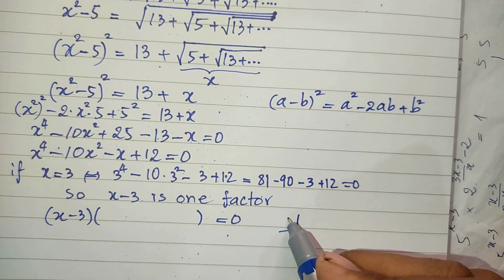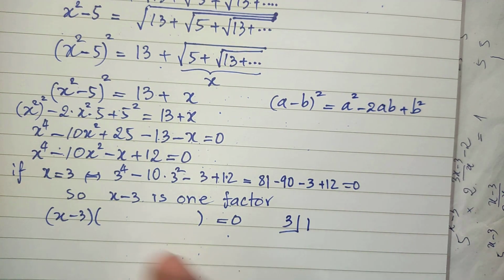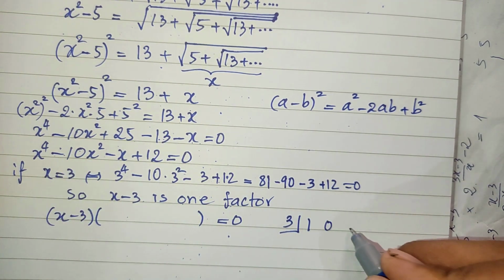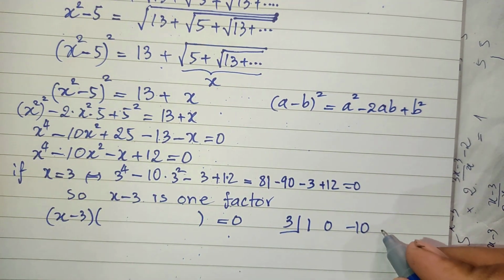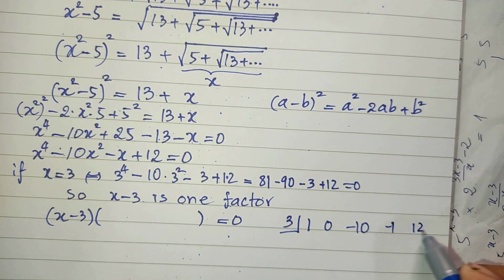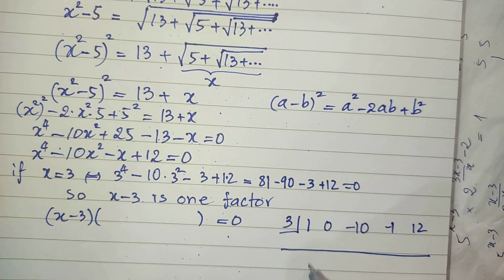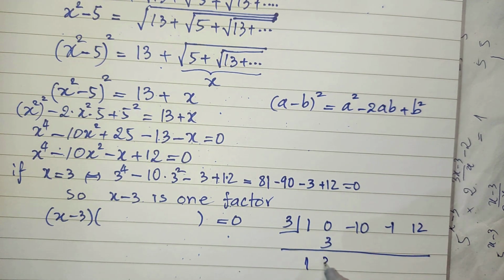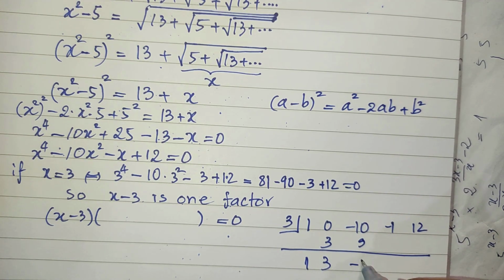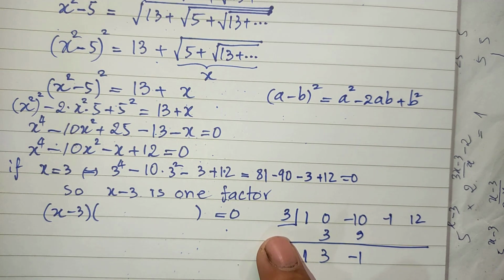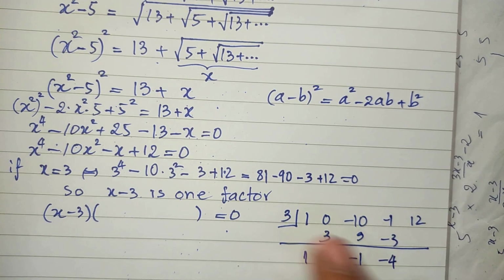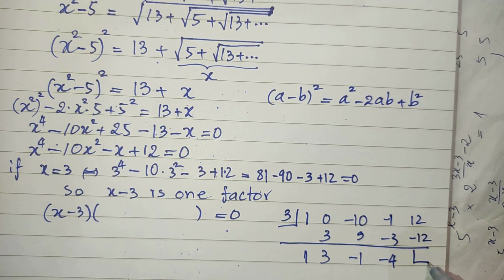We get 1, 0, minus 10, minus 1, 12, since we don't have a power 3 term, so I write 0. Then 1, and 1 multiplied by 3 is 3, 3 plus 0 is 3, 3 multiplied by 3 is 9, 9 minus 10 is minus 1, minus 1 multiplied by 3 is minus 3, adding it we get minus 4, and minus 4 times 3 is minus 12, we get 0.